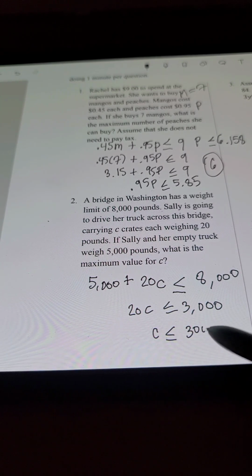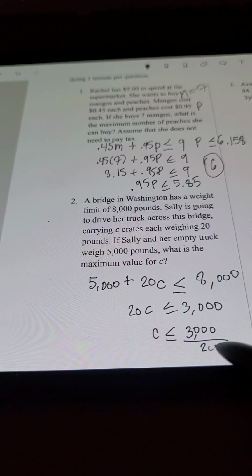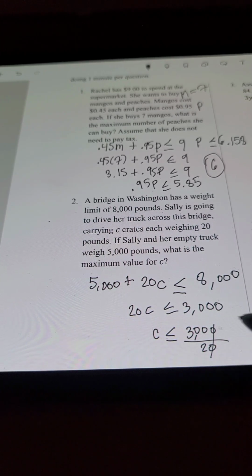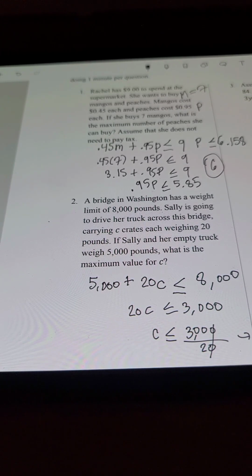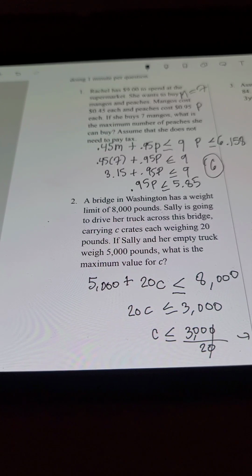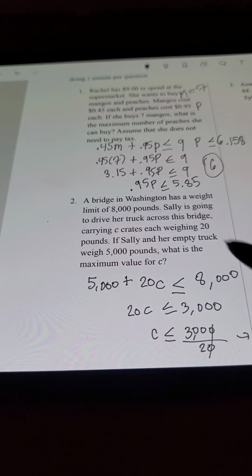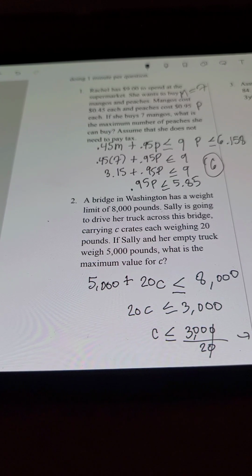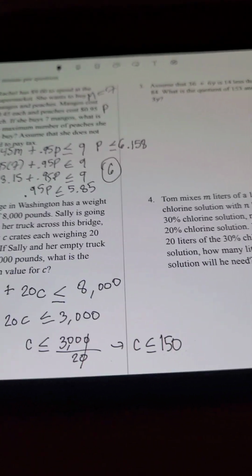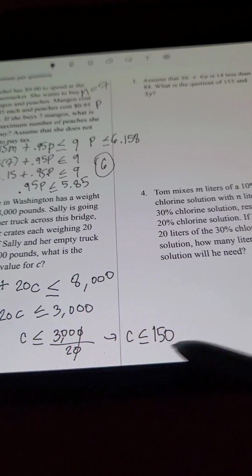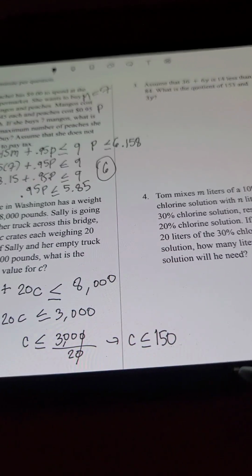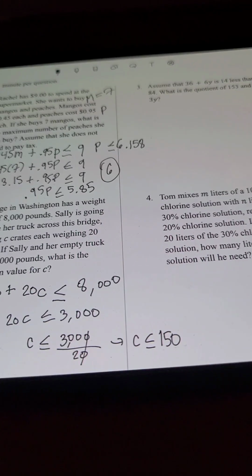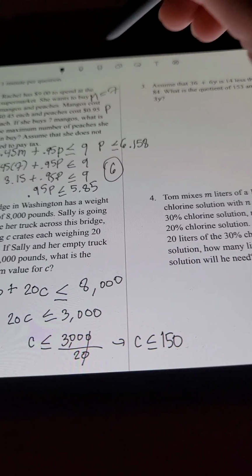Now I can cancel a 0 there and a 0 there, so C is less than or equal to 150. So what's the maximum value for C? Well, the most it could be is 150. And I just realized I forgot to show that, I went over here and wrote that, sorry. So the greatest that C could be is 150, so that's your answer, 150.